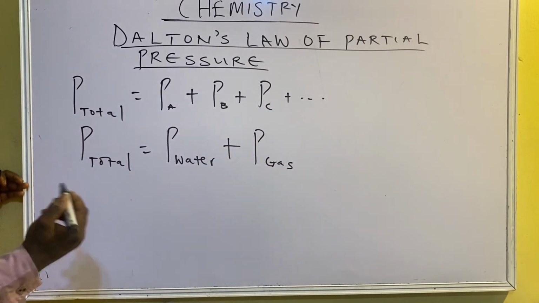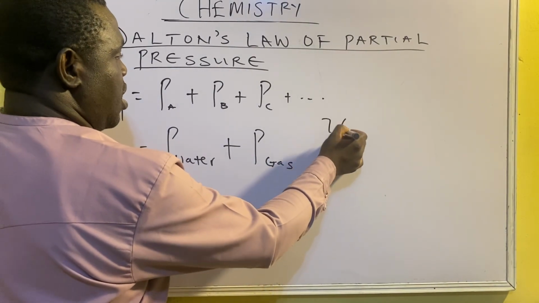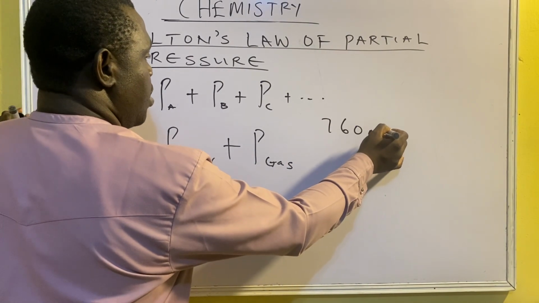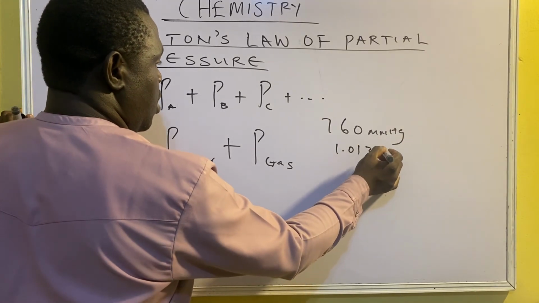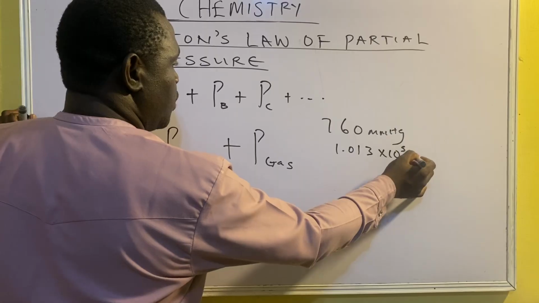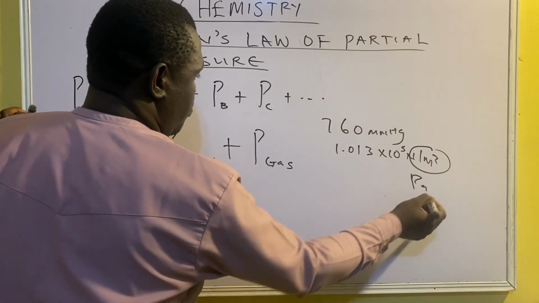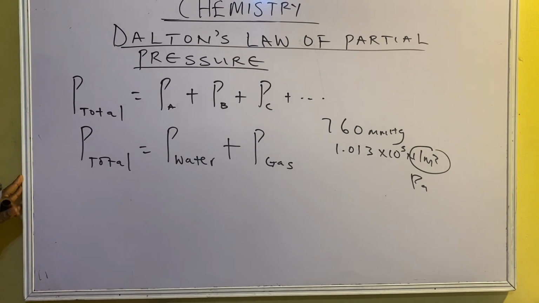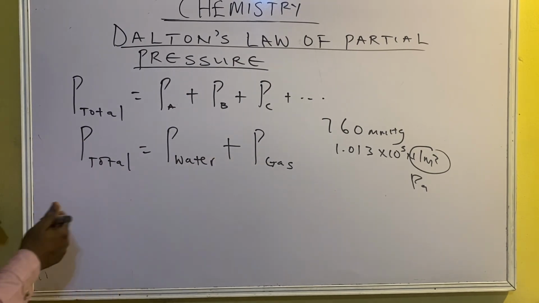You know that usually the standard pressure is 760 millimeters of mercury, or sometimes you're given something like Newton per meter square, or in Pascal. Take note, you could have this as your P water, as your P gas.